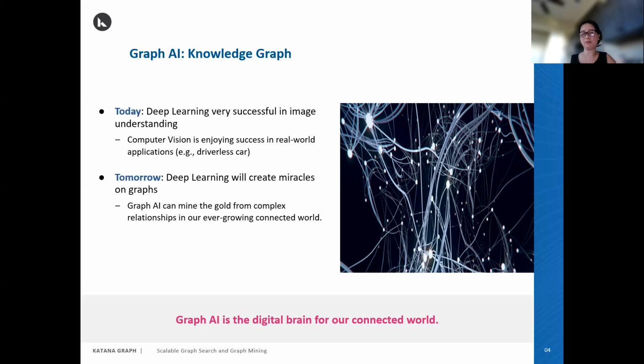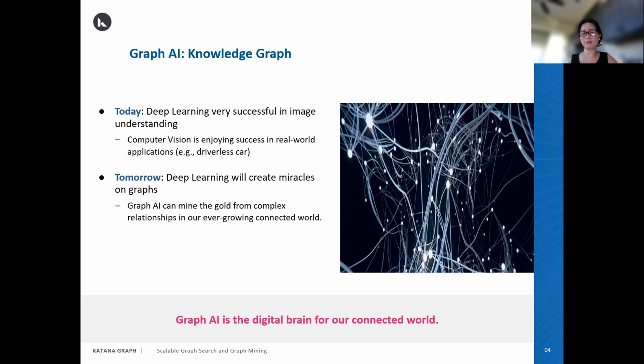Many of you may drive, or have seen, driverless cars or Teslas on the road. With deep learning methodology, novelty normally comes first from computer vision, then slowly moves to natural language processing, NLP, then moves to graphs. So tomorrow, deep learning will play a huge role in creating miracles on graphs.